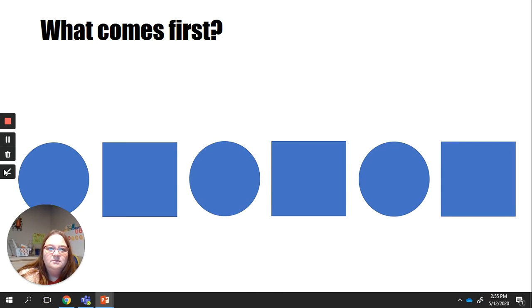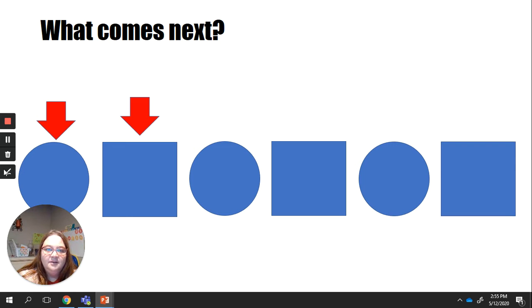Let's look at this pattern. What shape comes first in this pattern? Here it is. There's the first one. It's a circle. I wonder what comes next. Next comes the square. Circle, square, circle, square, circle, square. Did you get it right?